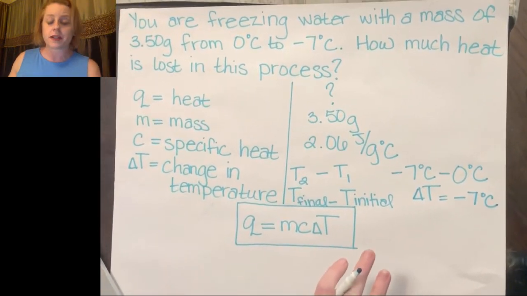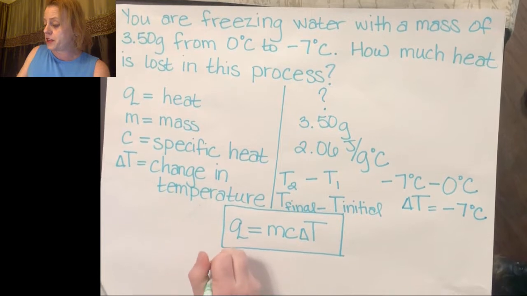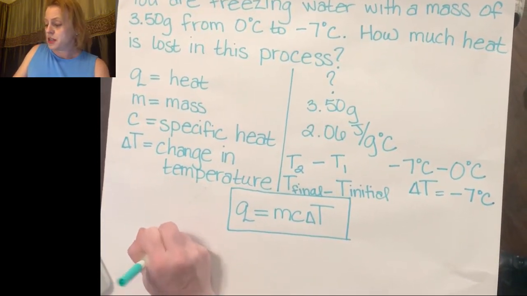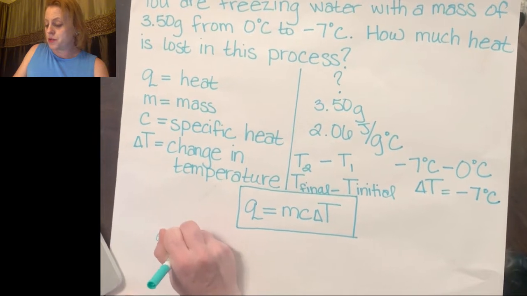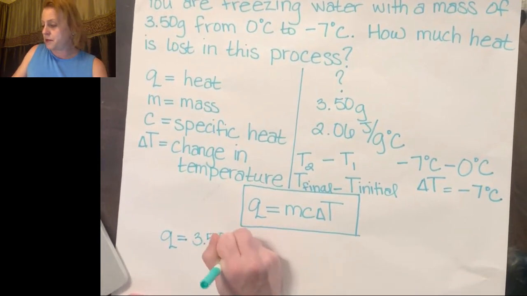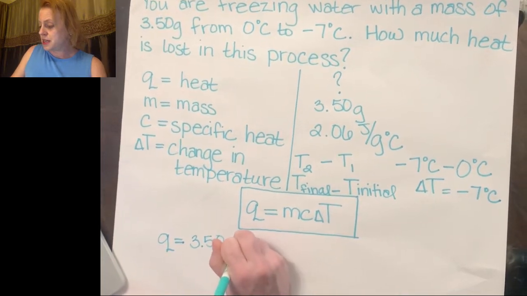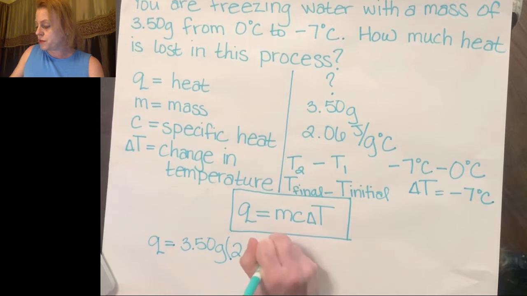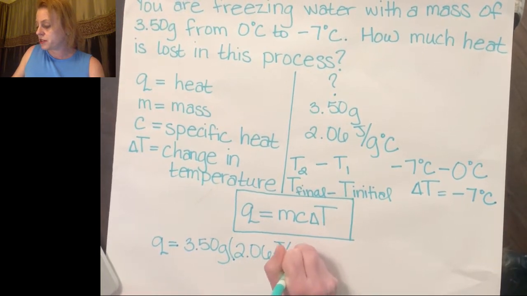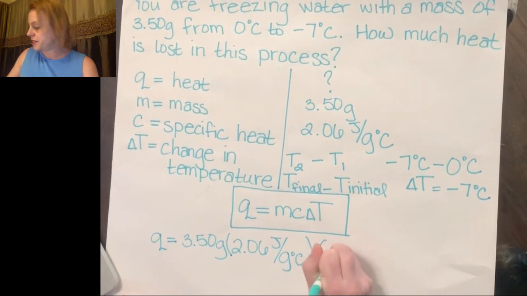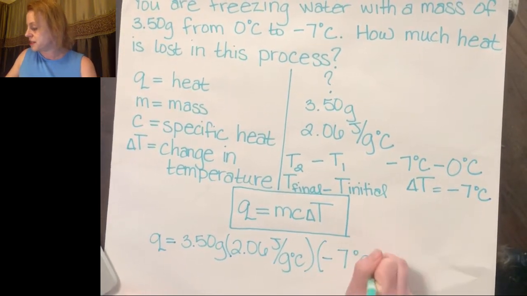I call it plug and chug. So I have Q equals, M is 3.50 grams times C, 2.06 joules per gram degrees Celsius, times delta T, which is -7 degrees Celsius.